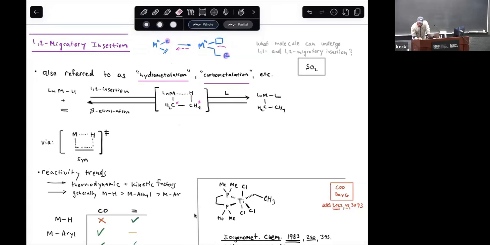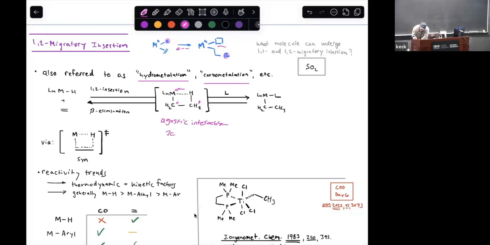Then what will take place, moving left to right on the screen, is formation of a new C-H bond and a new carbon-metal bond. The newly formed C-H bond can then reach around and form a stabilizing dative interaction that we refer to as an agostic interaction. We'll comment more on this in a moment.